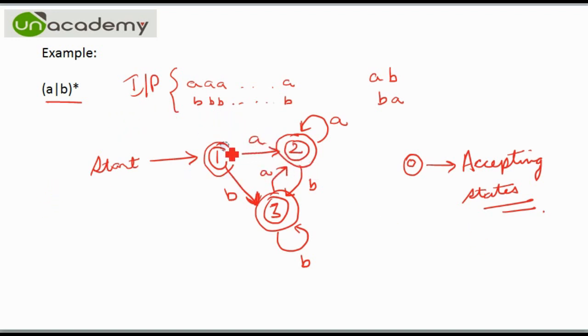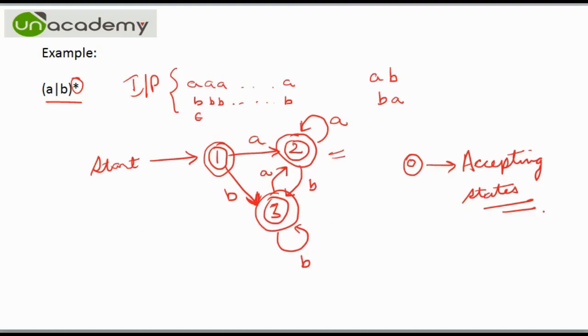So why is 1 an accepting state? Because we have 0 or more occurrences. If the string is an empty string epsilon, then the machine will remain at state 1 and that will be its completion state. So 1 is also an accepting state. 3 will be an accepting state for all the strings ending in B. 2 will be an accepting state for all the strings ending in A.